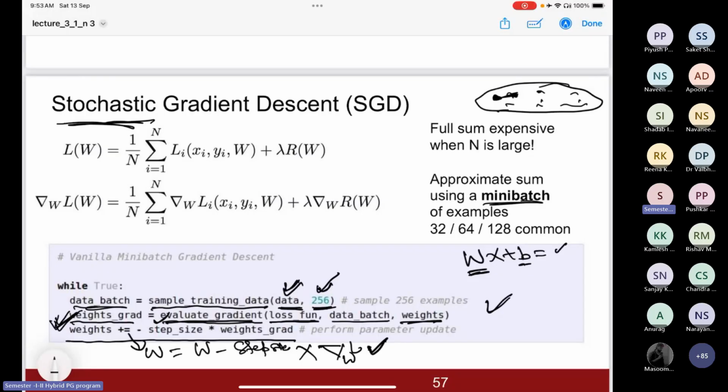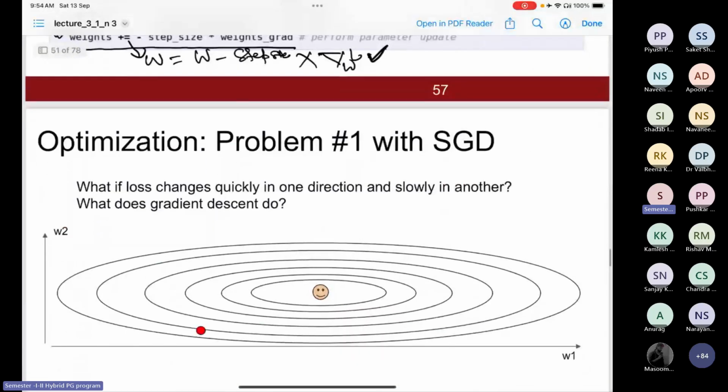Because the second time we have a different W. In one epoch you got one very good W, but that is also not the best W, and you are searching for the best W. You got a good W in one epoch or one iteration, where you have shown all the images, all the batches, but this is not the best W. So we have to search for the best W, and that's why you have to go for multiple epochs or iterations.